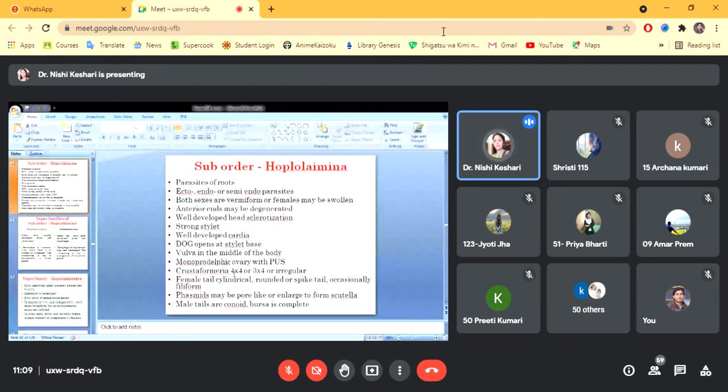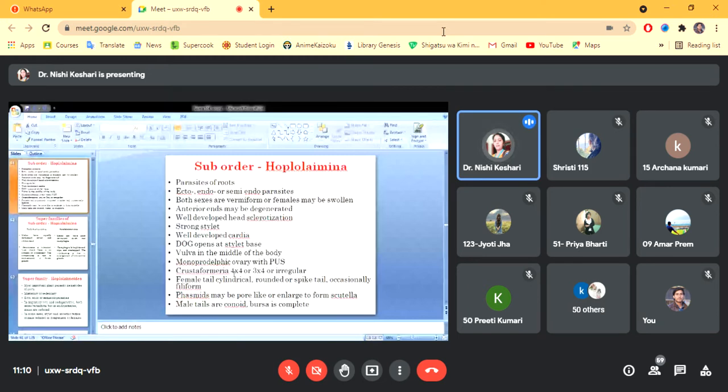In Hoplolemina, the most important nematode is Hoplolemus, that is generally found whenever you wash the soil. You may get these nematodes in 50 to 60% of soil samples. You can get juveniles, males and females all. The females and juveniles have a cylindrical shaped tail. But when they become male, after development, the males have a very clear-cut bursa and it is spiked.